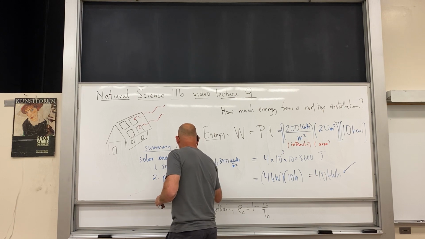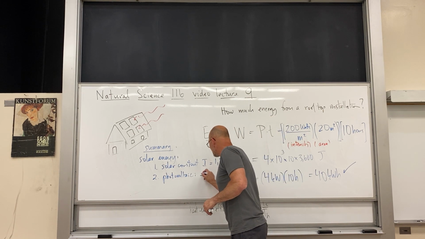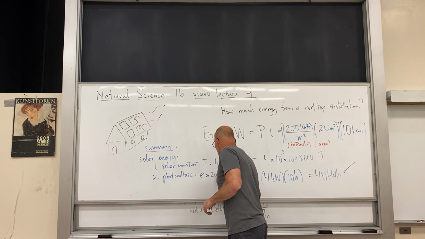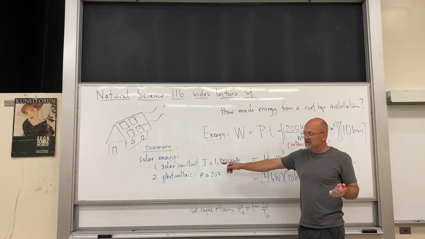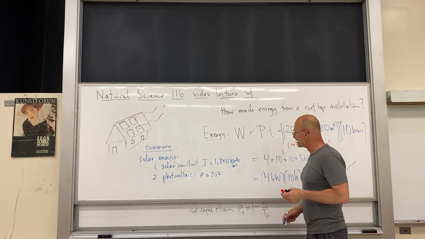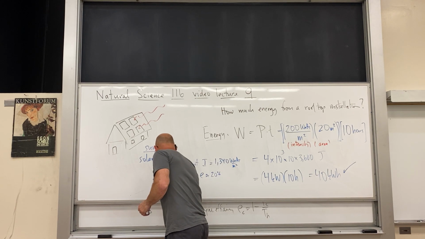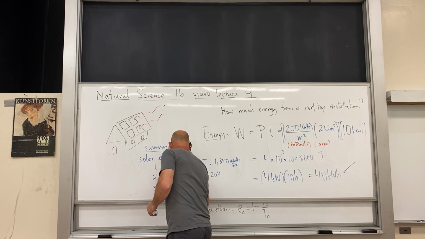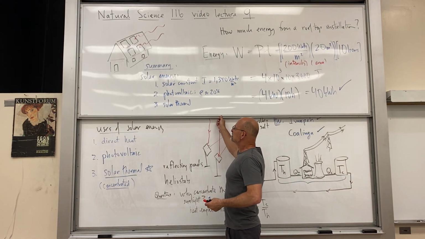That's the rooftop type of situation. Good to know that efficiency is approximately 20%. You take this number or the 1,000, take 20% of it and calculate things. And then the third point today was the solar thermal, and all that that entails, which is what I have on pictures.